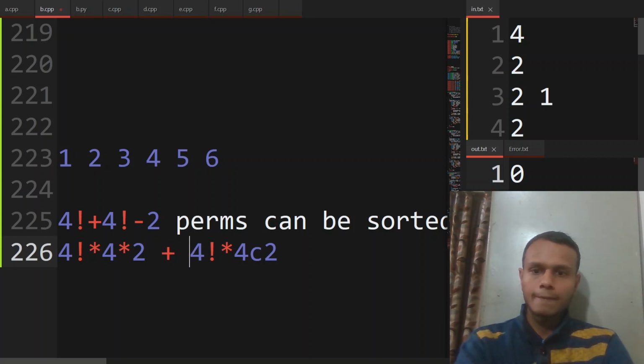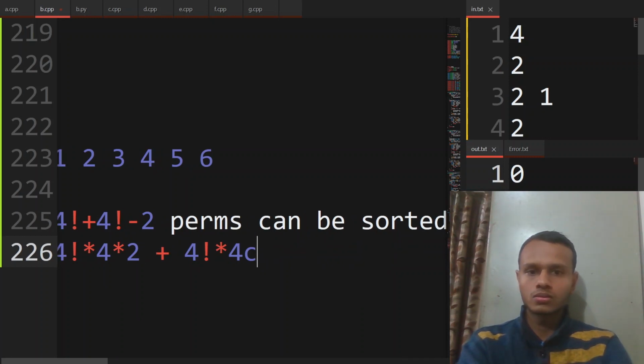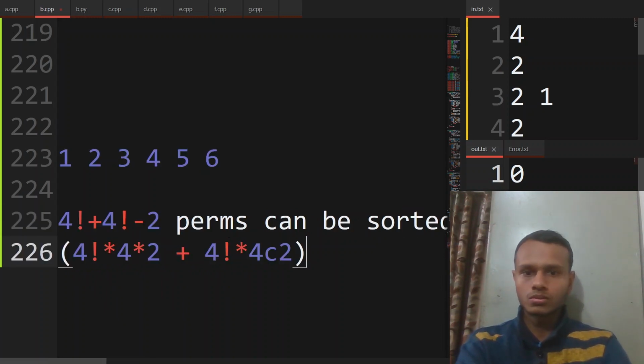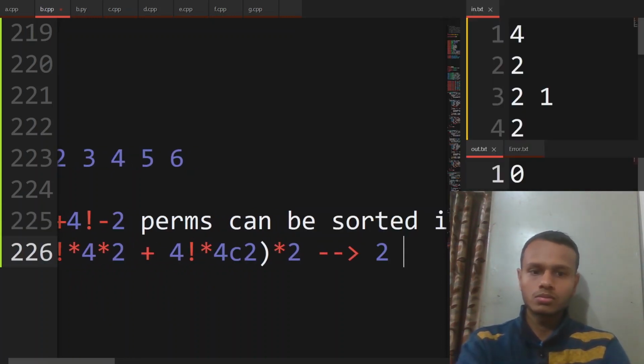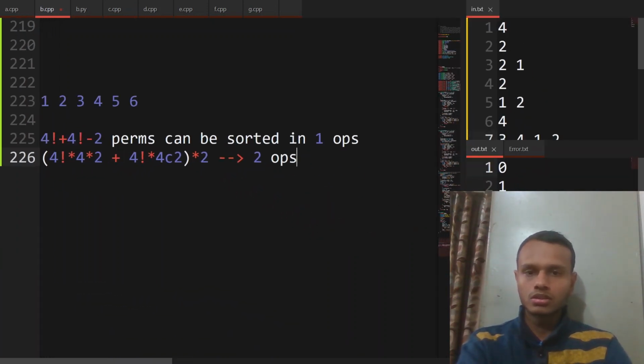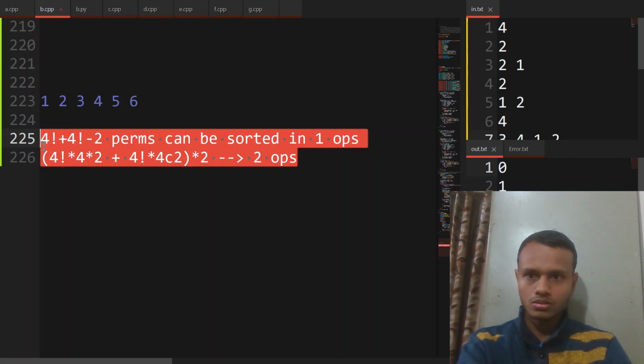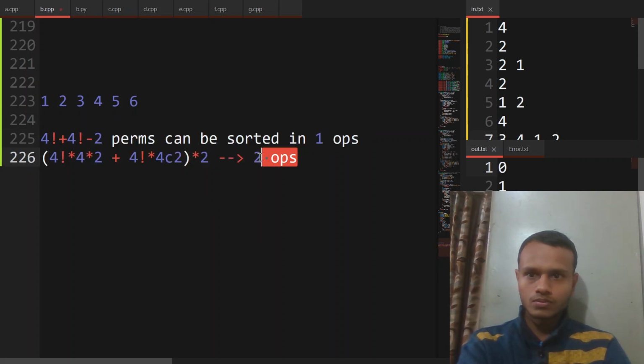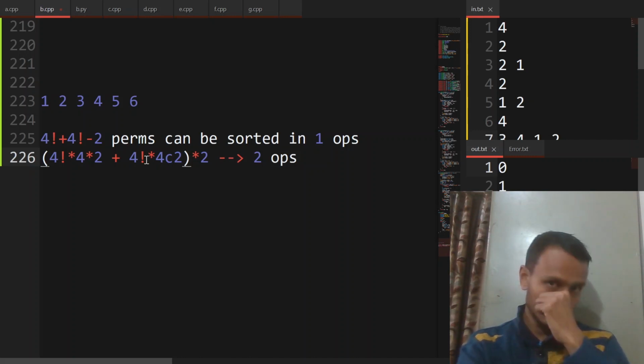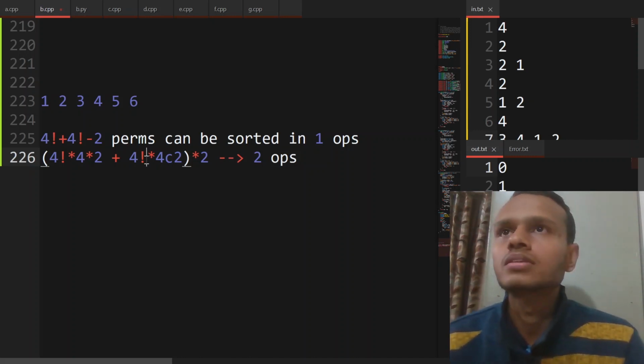Yeah. Now, so these can be sorted in two operations. This whole thing times 2 can be sorted in two operations, I think. I think this is what I'm trying to say. Or did I miss something?